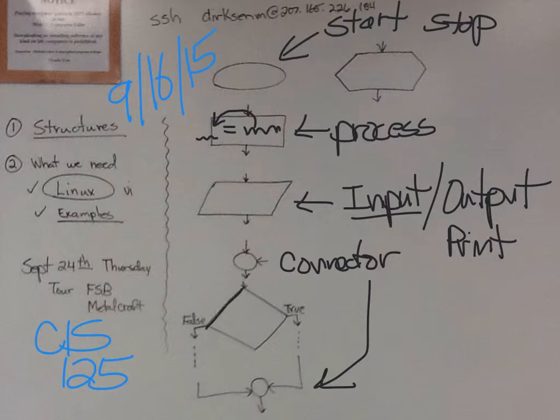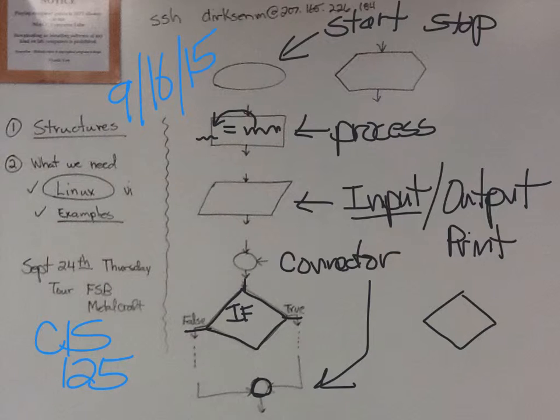Here we have a decision box, and it's either true or false. We have one arrow in, two out. Decision boxes have some type of connector if it's an if-then decision, if it's conditional. You can also use a decision box for an iteration.